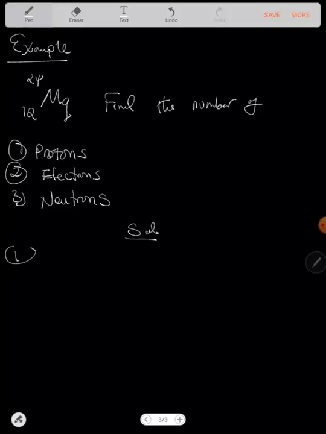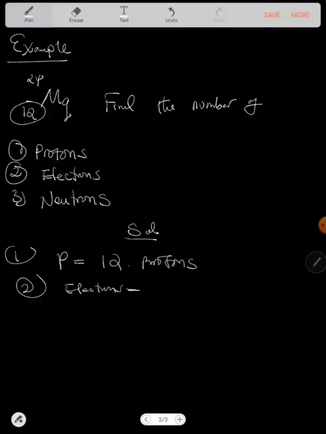1. Protons. Remember, the proton number is just there. So number of protons is just 12. So 12 protons. 2. Electrons. The number you are seeing here is also the number I call the electron number. So we also have 12 electrons. 3.